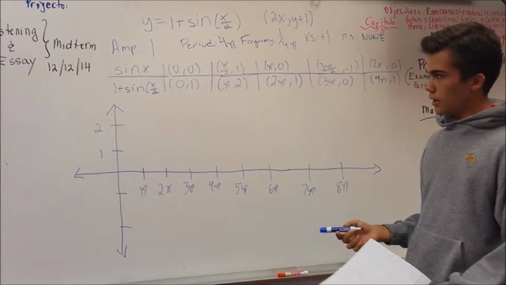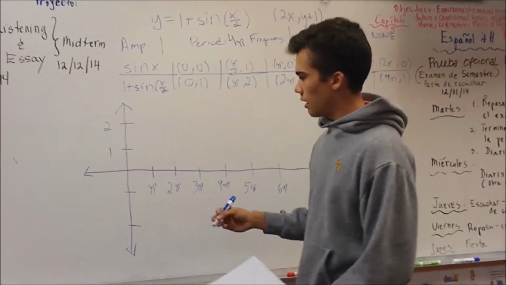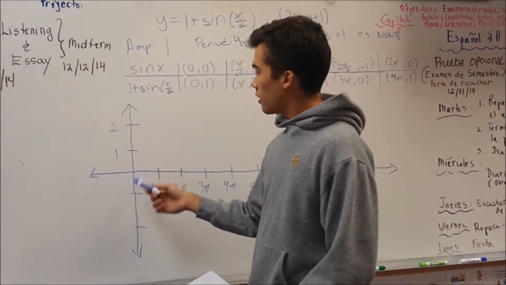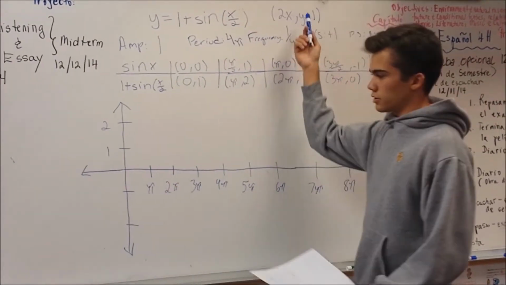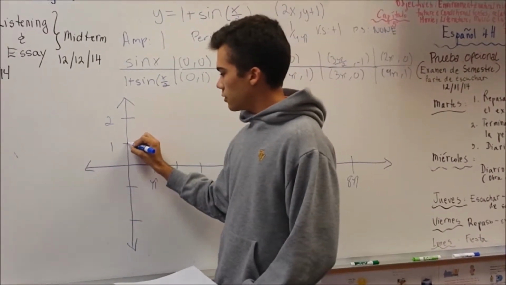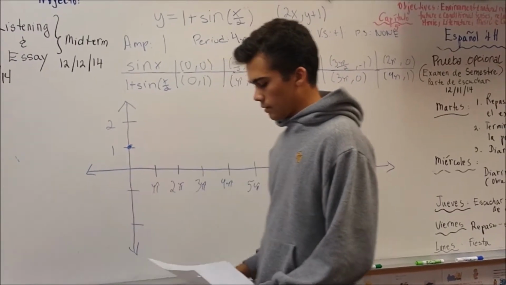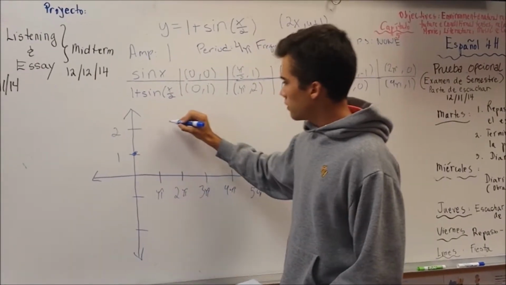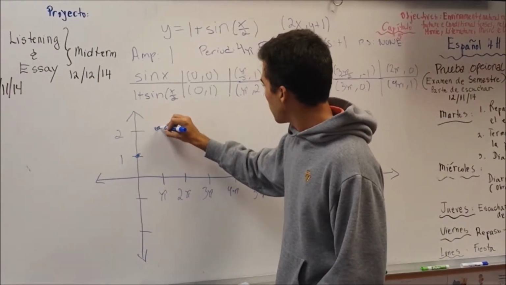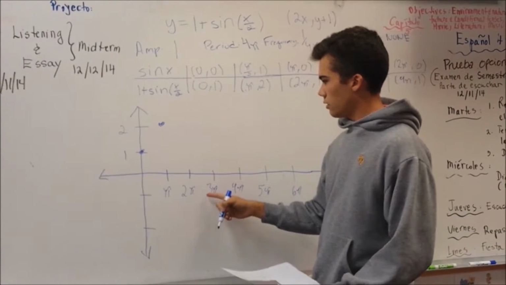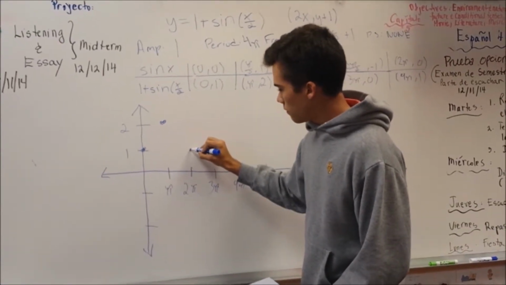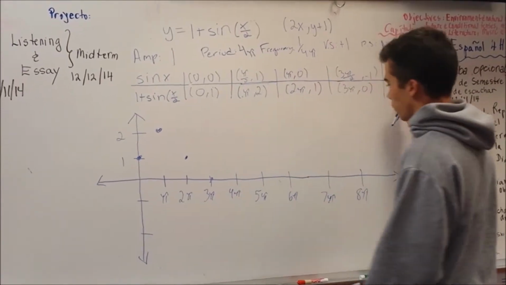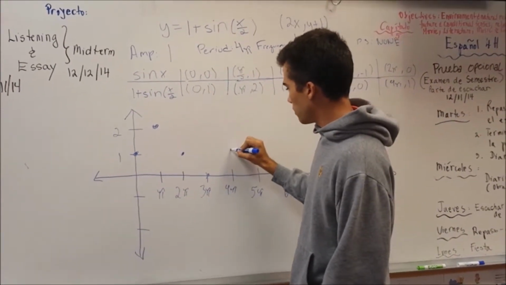So on a sine equation, it would originally start at the origin 0, 0, but due to the vertical shift, it is going to move up 1 to 0, 1. And following the pattern, pi, 2, and then 2 pi, 1, 3 pi, 0, 4 pi, 1.